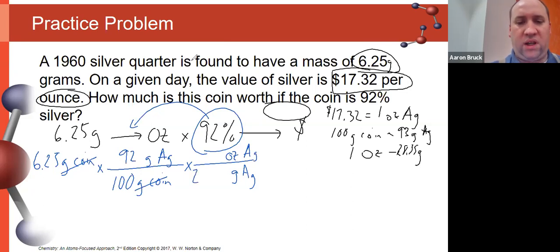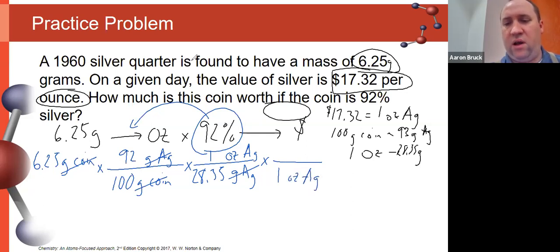For every 28.35 grams, I get 1 ounce. So now we've done the conversion between grams and ounces. Last step, 1 ounce of silver is worth $17.32. My ounces of silver cancel out.